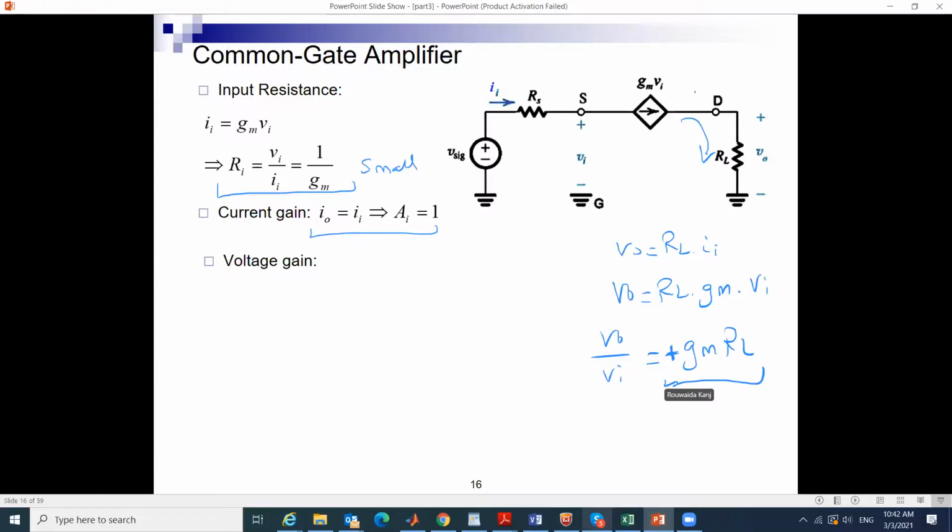Now, as you notice, what is the gain? Positive. When I had the output on the drain, this is important later for feedback, this RL, and I sent the input from the gate and the source was grounded, the gain came out minus gmRL if I have no ro, if ro is infinite, right? Now when I flip this, when I apply the signal from the source, assume I have no Rs, I put here some Vn, and this is grounded, what was the gain? It came out plus gmRL. So the gain from the gate to the drain was negative, but from the source to the drain is positive.